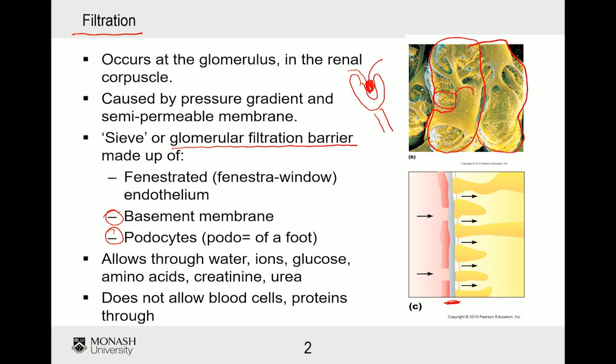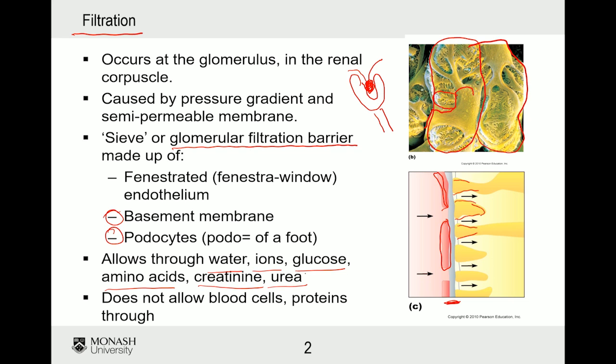Here's another picture that shows the fenestrated endothelium with gaps, a basement membrane in blue, and then the podocytes, and you can see the gaps in between each of the outreachings of the cell. So these gaps allow through water, ions, glucose, amino acids, creatinine and urea.